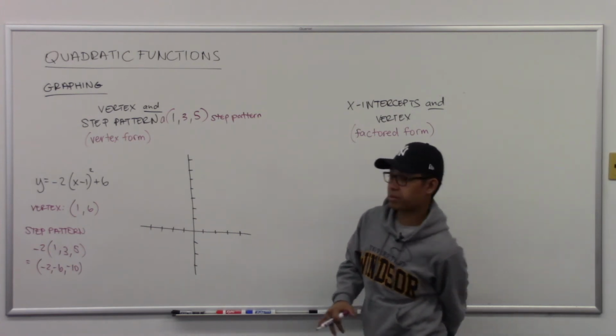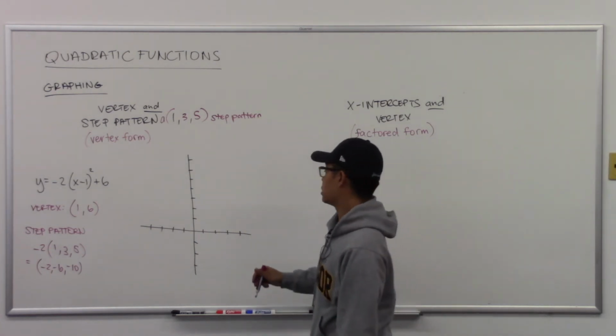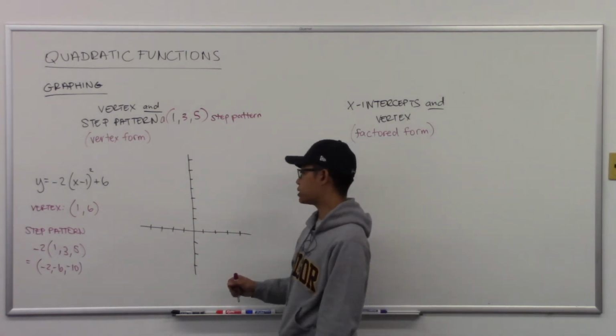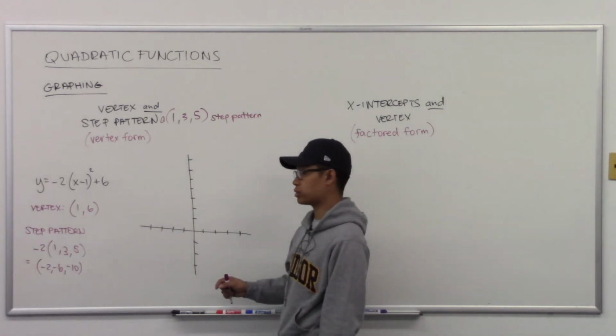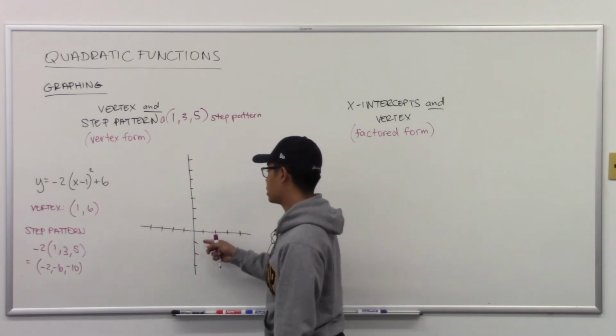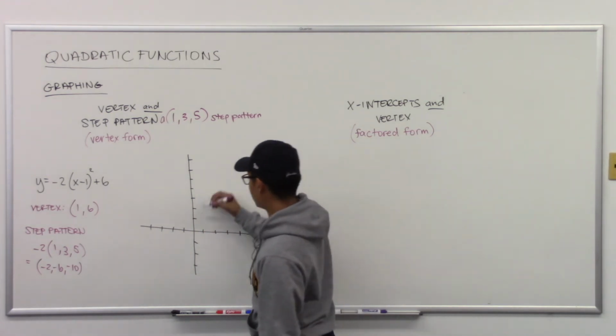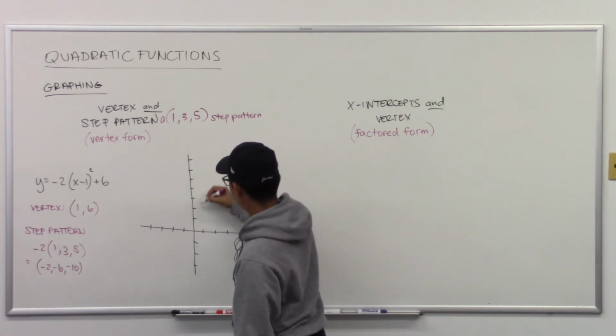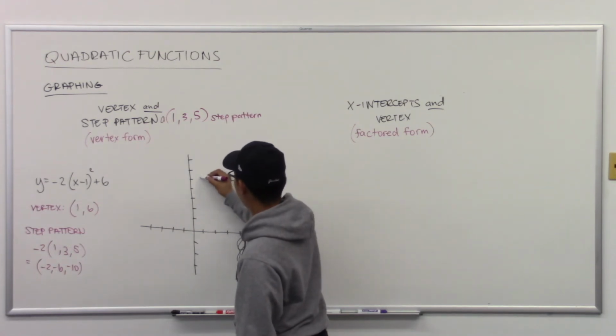Good? Okay. So Maya, where's 1, 6? Which quadrant? This one, this one, this one, or this one? Yeah, quadrant 1, the top right. So 1, 6, right? So 1, 2, 3, 4, 5, 6.